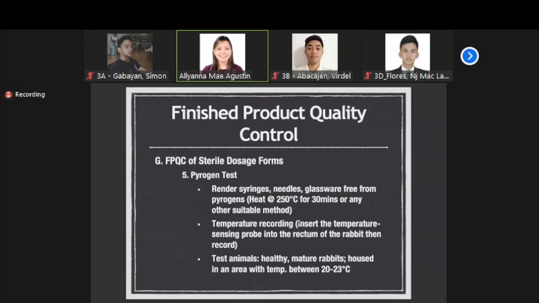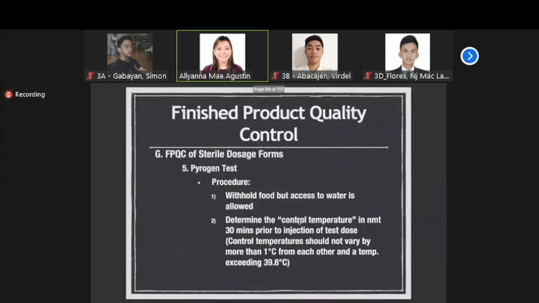The rabbit is not fed but has water. We check the control temperature before injecting the product. The control temperature should not vary by more than 1 degree Celsius and no temperature should exceed 39.8. Why should the control temperature not exceed 39.8 in pyrogen testing?